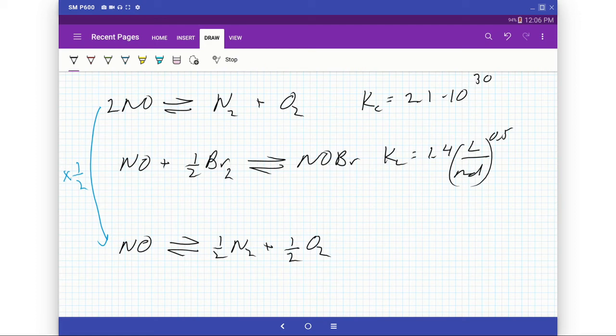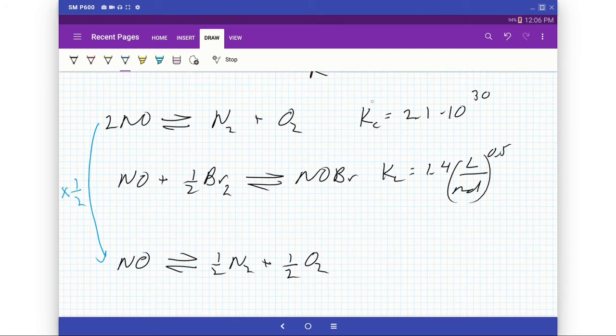If I multiply through by 1/2, I end up taking the equilibrium constant and raising it to the power of 1/2. So that gives me the new Kc of 1.45 times 10 to the 15.